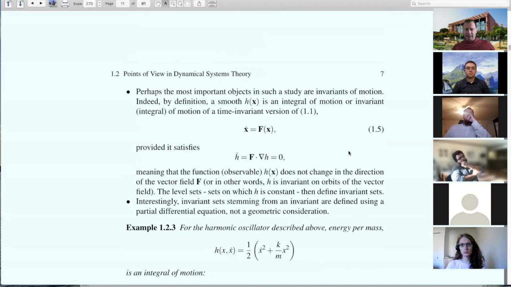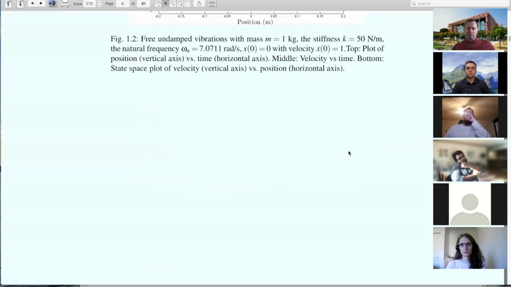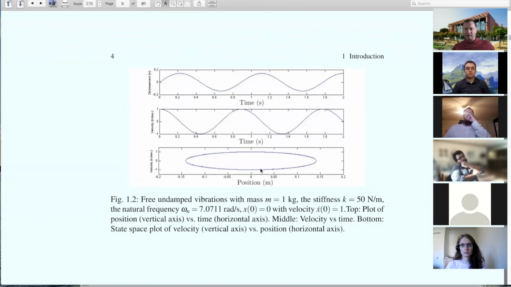So an ellipse is precisely what seems to be plotted here for a trajectory of a dynamical system.